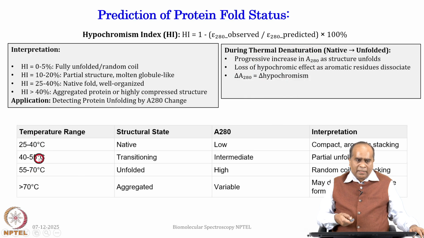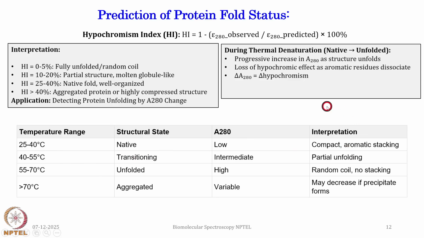So, one can have an experiment like this: at 25 to 40 degrees, it is the native structure, absorption is low, with compact aromatic stacking. As you increase the temperature, say up to 55, this transition is happening. The absorption is increasing, but not completely, it is an intermediate state, a partial unfolding.